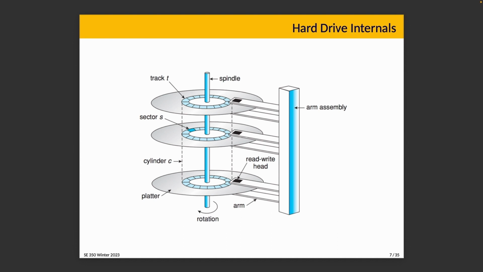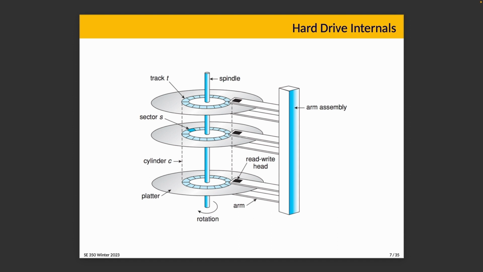A track is divided up into some number of sectors. Sectors are also referred to as blocks. And a set of tracks that is stacked vertically is called a cylinder. So in the diagram, we can see there's cylinder C that consists of tracks on different platters, and they go from top to bottom.